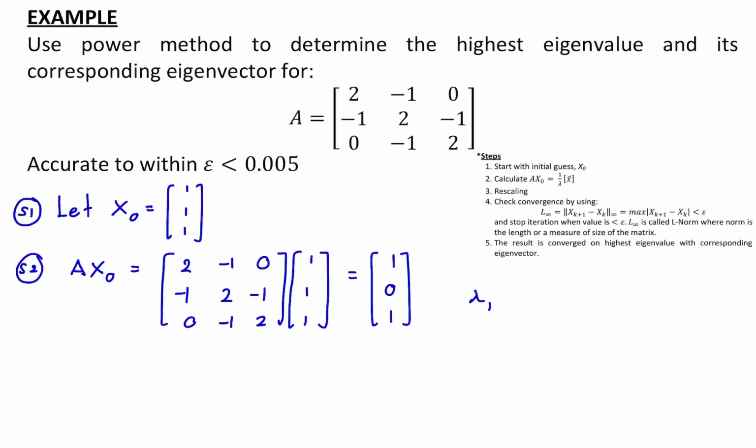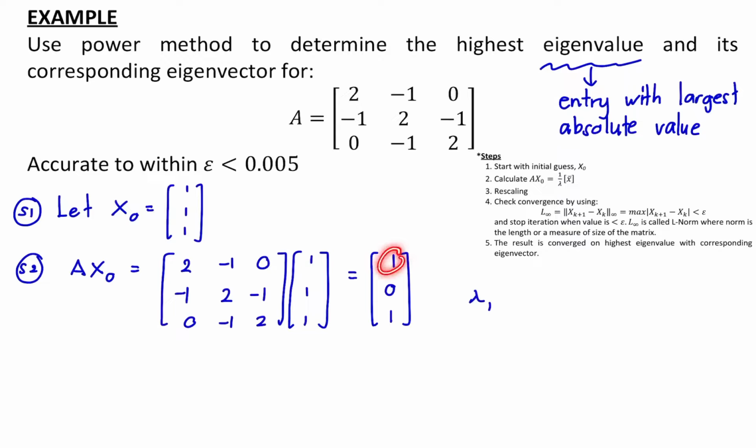So what is the eigenvalue? The eigenvalue is the entry with the largest absolute value. Let me just take a note here. You have to look at the absolute value first, then only you can decide the entry.